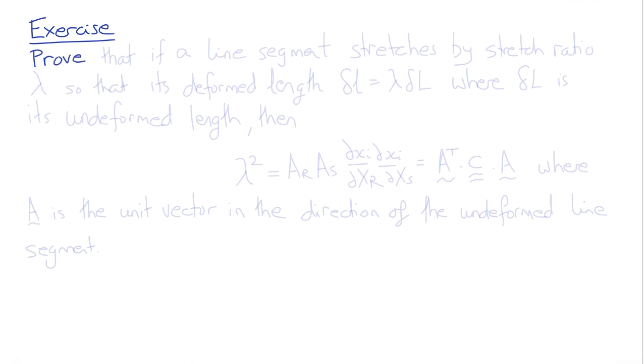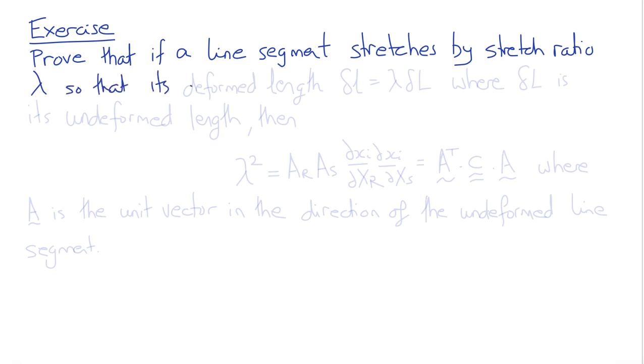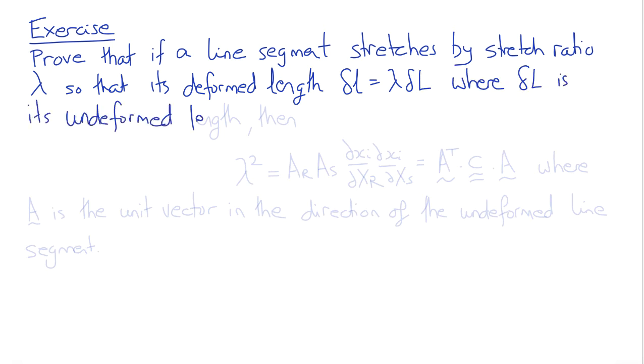This next example is more of a proof or exercise, and the exercise is to prove that if a line segment stretches by a certain stretch ratio lambda such that it is deformed from an undeformed length of delta capital L to a deformed length of delta little l, so that delta little l equals lambda delta big L, where delta big L is the undeformed length.